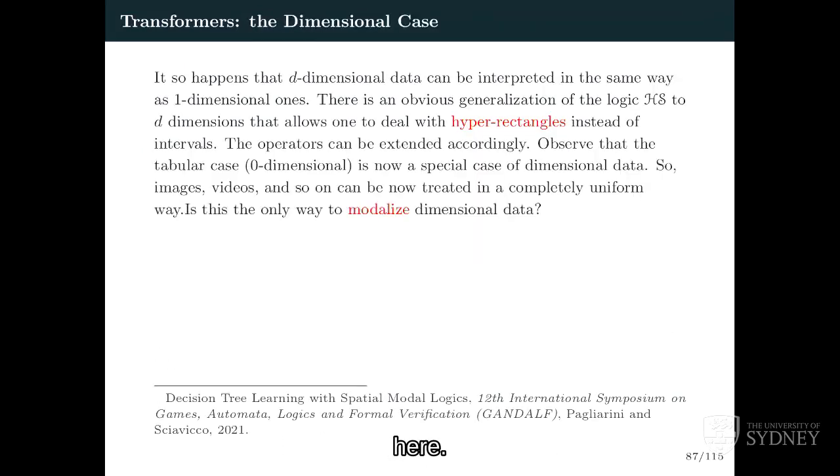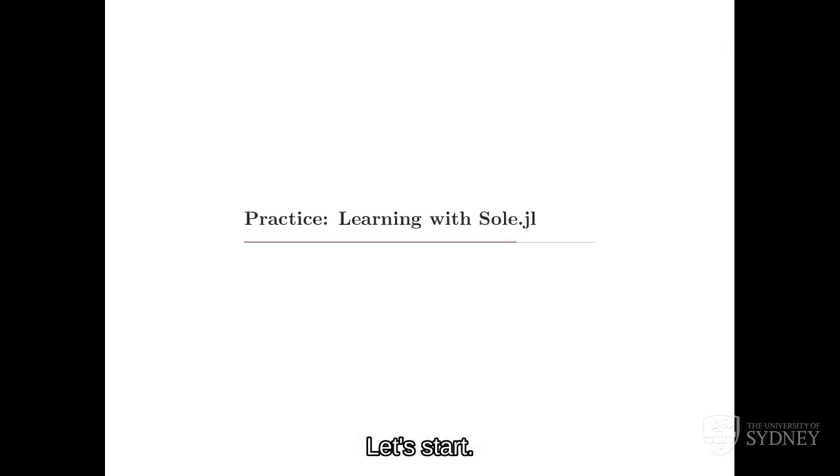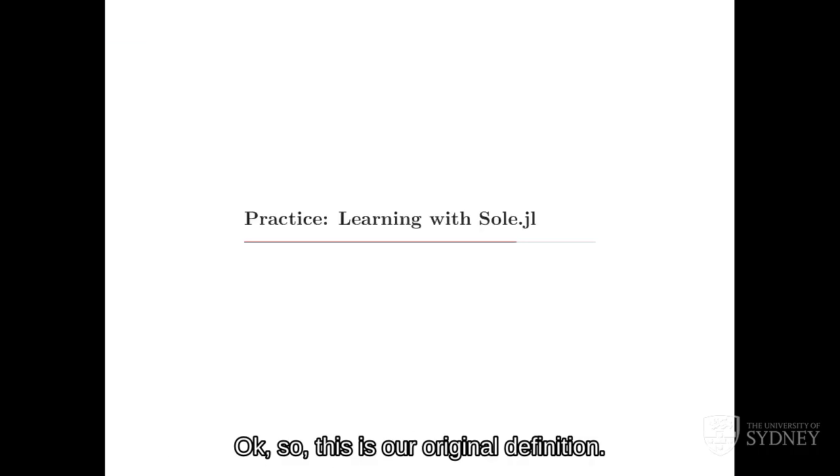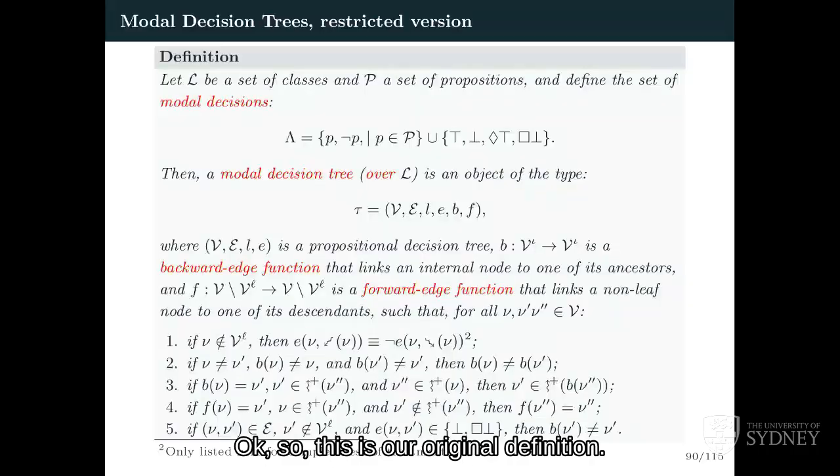So let's see what we have here. Let's go. Let's start. Oh, sorry. Are we here? So let's start with day 3 then. Okay. So this is our original definition. We know this already. These are the conditions that tell everything we need to know about backward edges and forward edges, and these are the definitions.